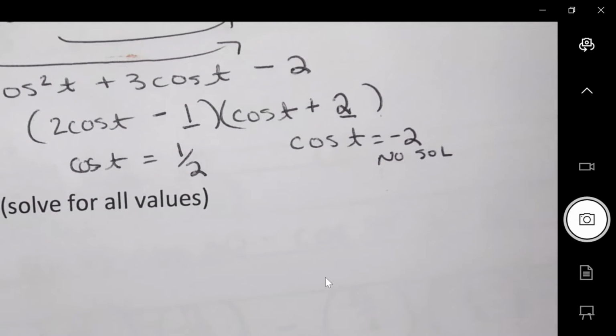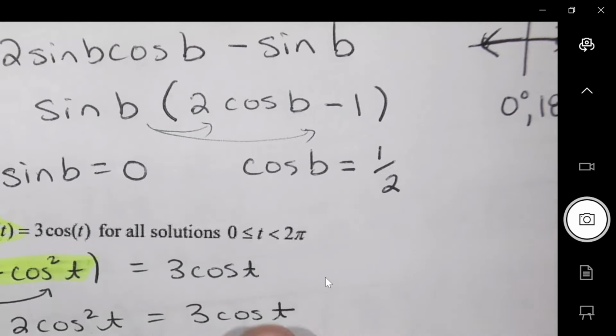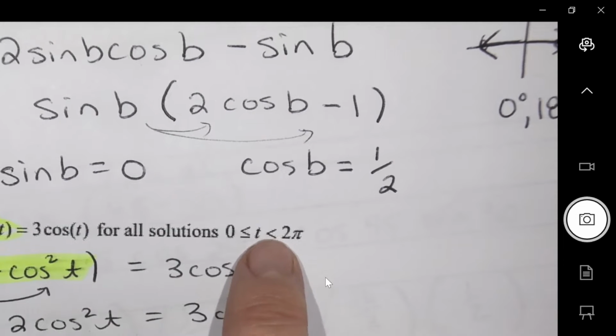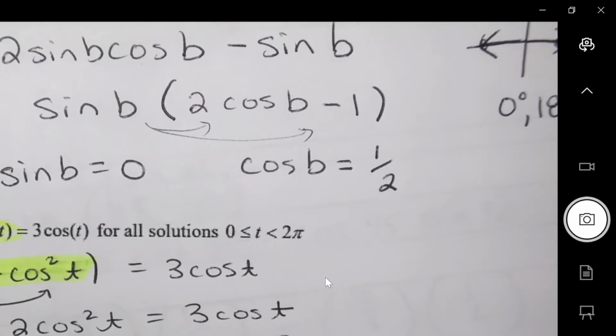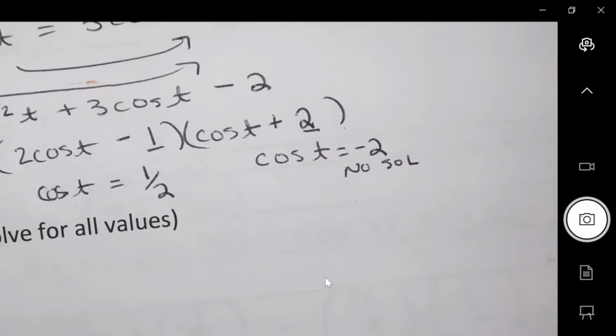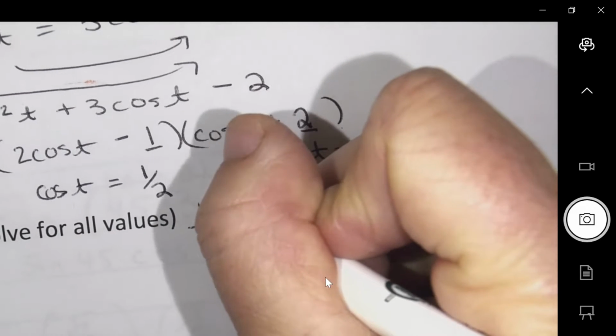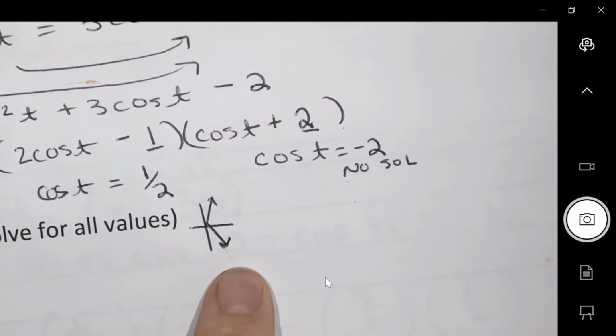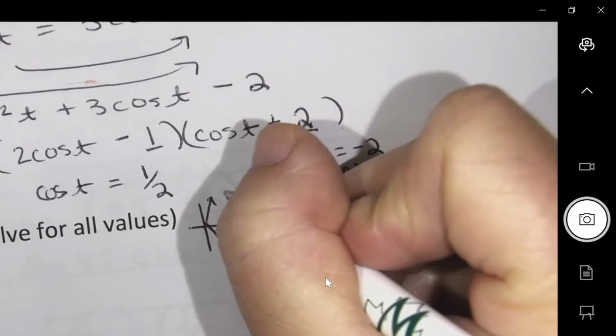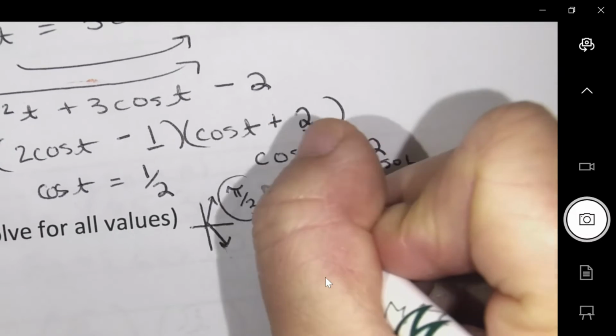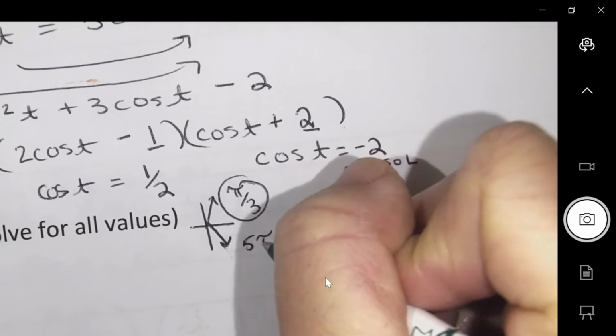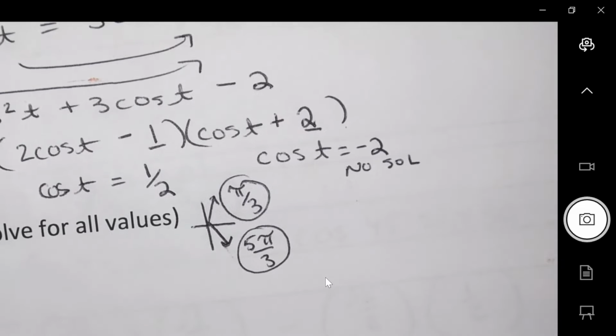But this time, we are needing to answer in radians. So we were just there. This is where we were. So now, pi over 3 and 5 pi over 3. That's it. Okay, so do you see how it's the same as the last unit?